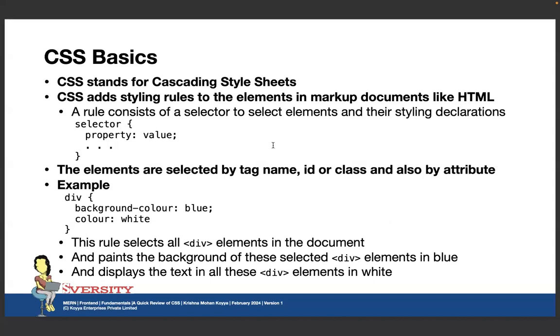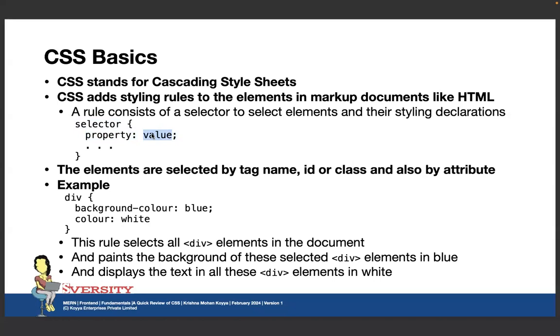Basically two things: a selector and a set of property and value pairs, any number of them. So you select an element and you add the styling properties along with their values. That is what CSS does.